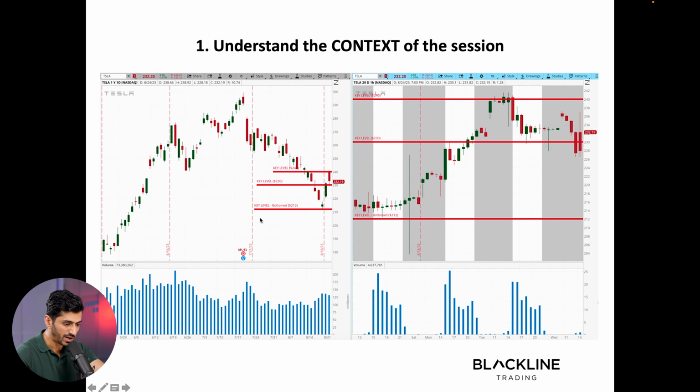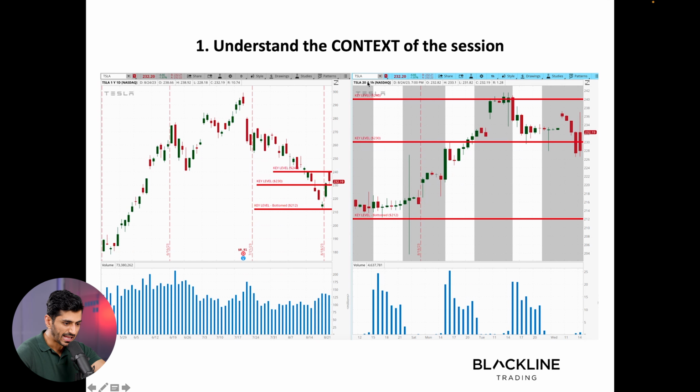However, after aggressive selling for multiple days, the stock bottomed around 210 and got aggressive bids all the way to 240. So this is the context of the session: bearish sentiment, aggressive selling, bottomed at the 210, 212 level and saw aggressive bids all the way to 230, right?